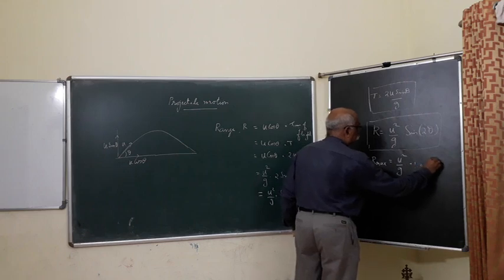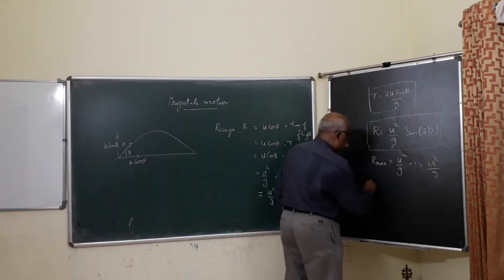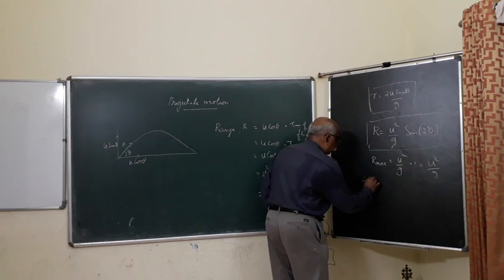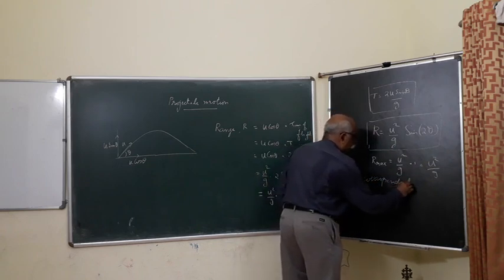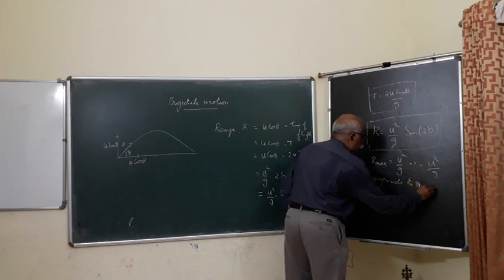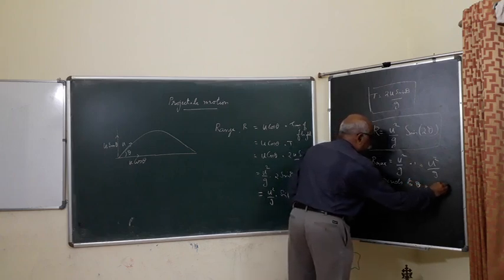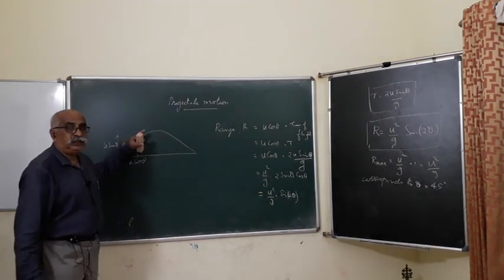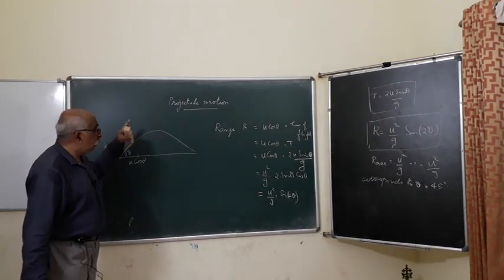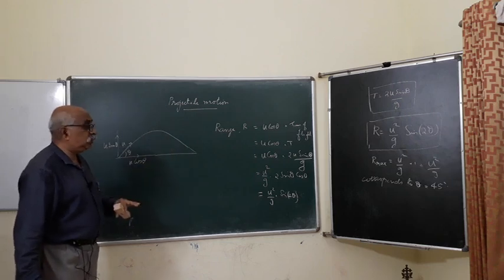This is the maximum range. This corresponds to theta equal to 45 degrees. If the angle of projection is equal to 45 degrees, the projectile will have a maximum range.